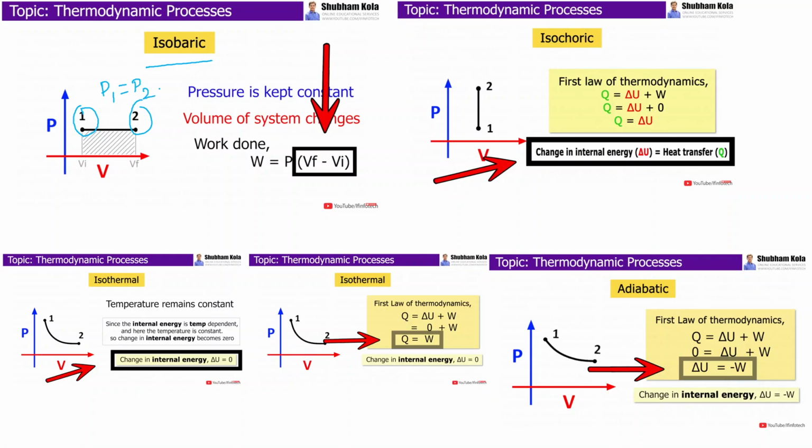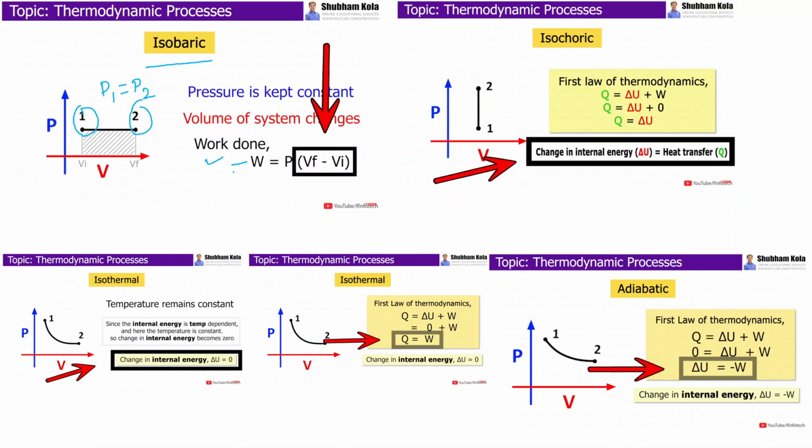When the system has the same initial pressure and final pressure, it is called an isobaric process. The work done in an isobaric process is P into delta V, pressure multiplied by change of volume. This is the work done.